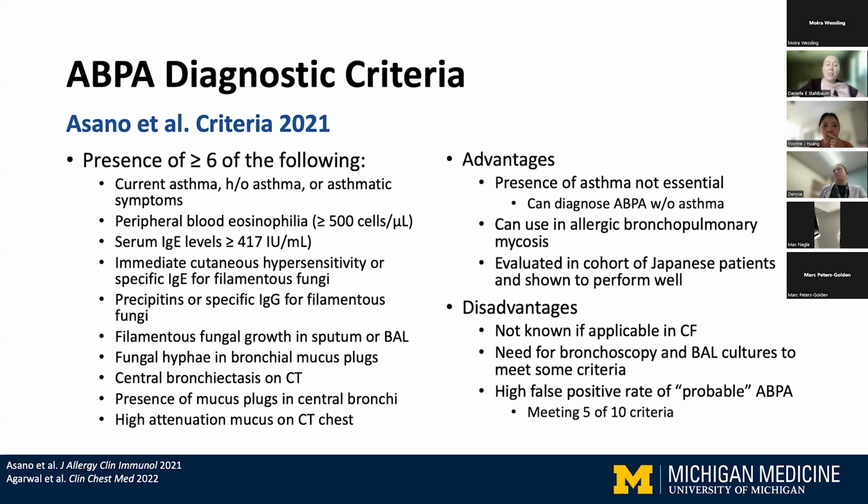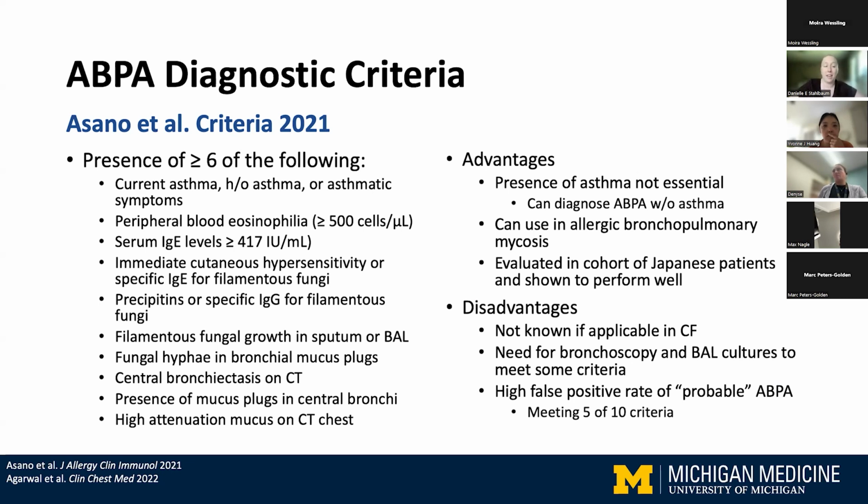And the nice thing about this diagnostic criteria is you don't have to have a formal diagnosis of asthma. You just have to have some sort of asthmatic symptoms. It also is not limited to Aspergillus fumigatus specific findings. There is allergic bronchopulmonary mycosis, so similar syndrome, but to other fungi or other species of Aspergillus.